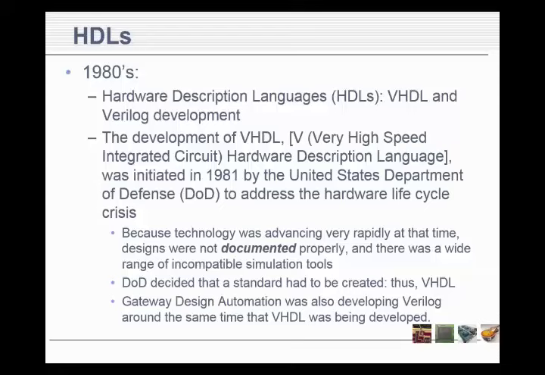I think it's hardware description language, but I know there's other places in here I've got descriptor. I did tell you the other day that VHDL was developed. The V stood for Very High Speed Integrated Circuit, and then the HDL was hardware description language again. So that was started in '81 by the U.S. Department of Defense.